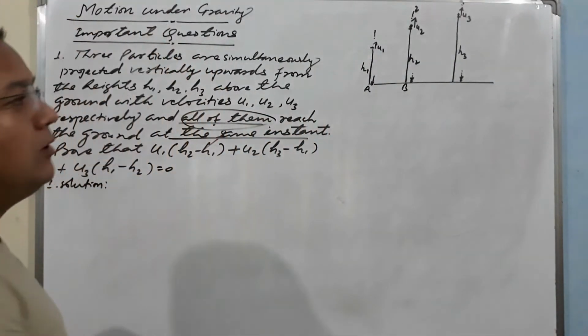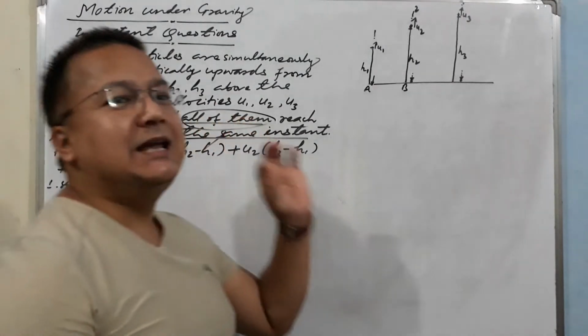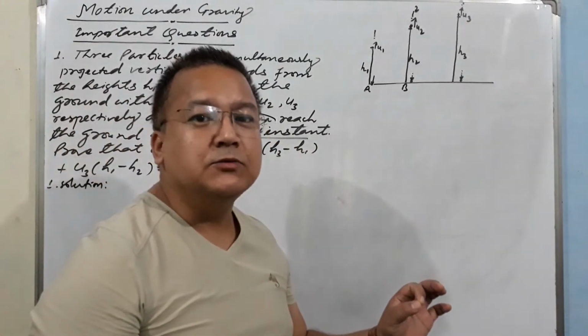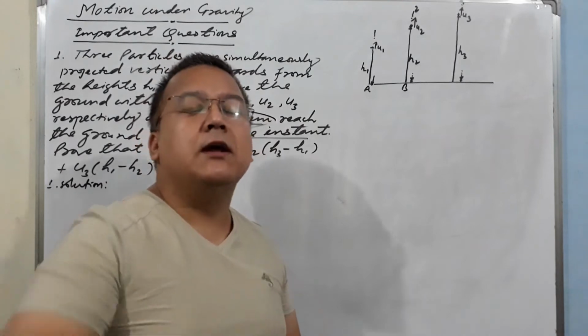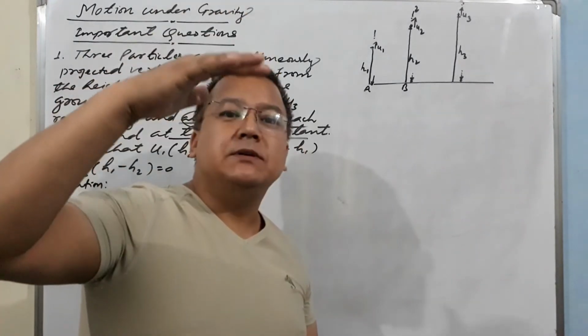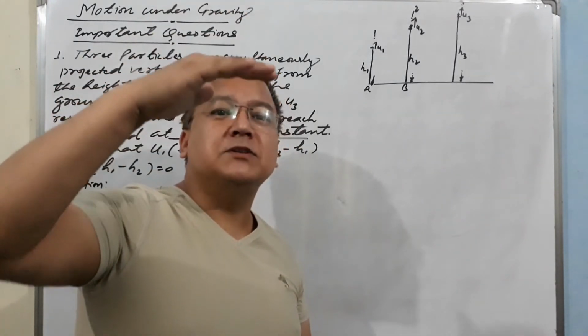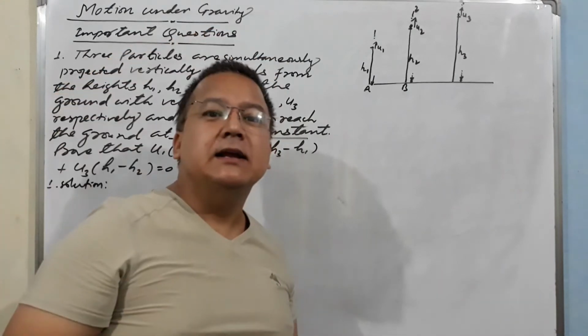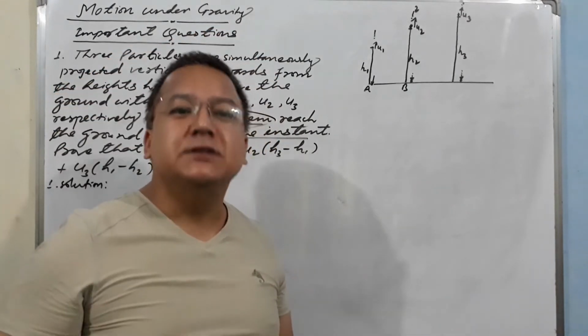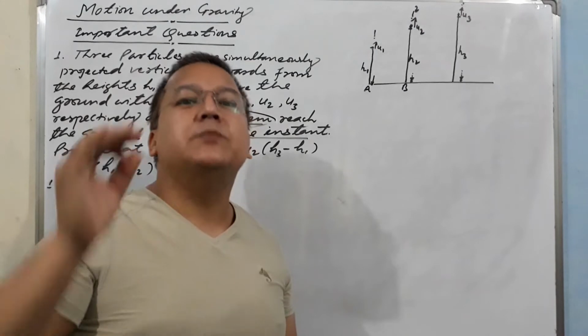All right, so here is the last key point, the last formula we will use. Because we are throwing in the upward direction from a certain height, our particle goes in the opposite direction from the point of projection.